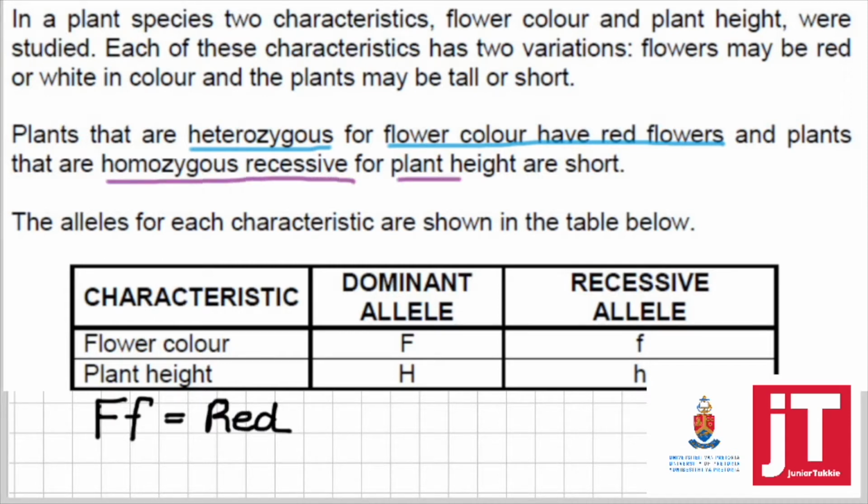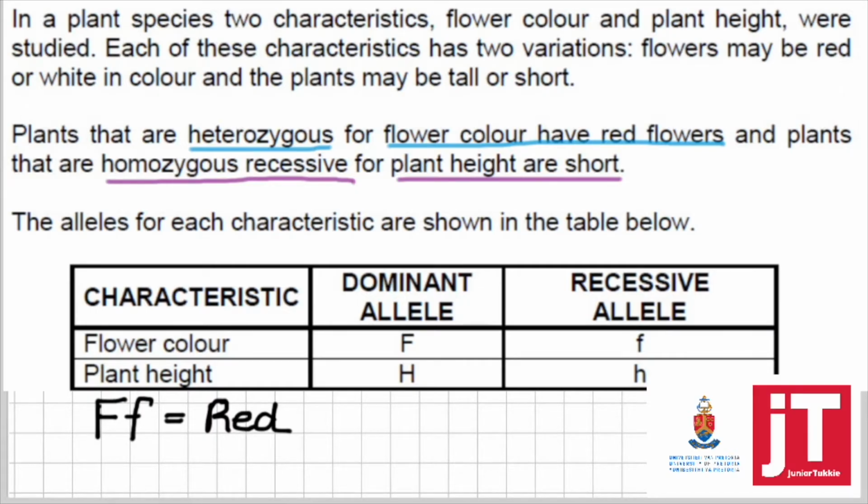We can see that for plants that are heterozygous for flower color, they have red flowers, and this gives us a valuable context. This tells us that in the heterozygous condition, the dominant allele will be expressed, and in this case, for red flowers, it's going to be the color red.